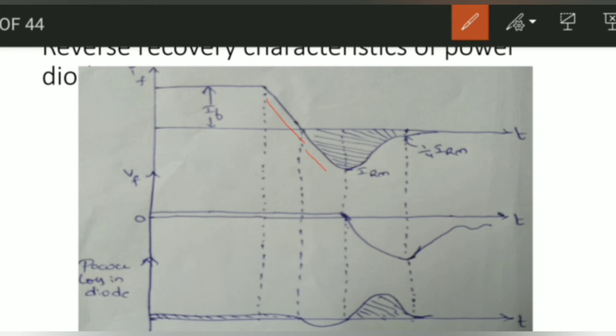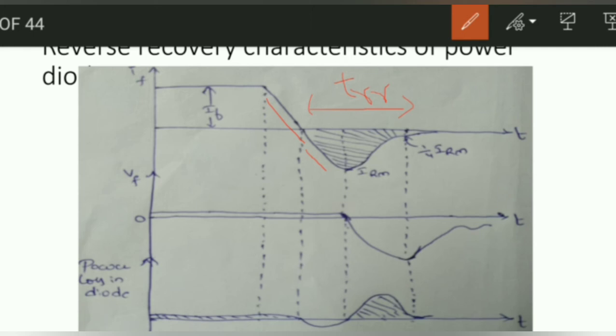The reverse current flows for a time called the reverse recovery time, TRR, and the diode regains its blocking capability when the reverse recovery current decays to zero.